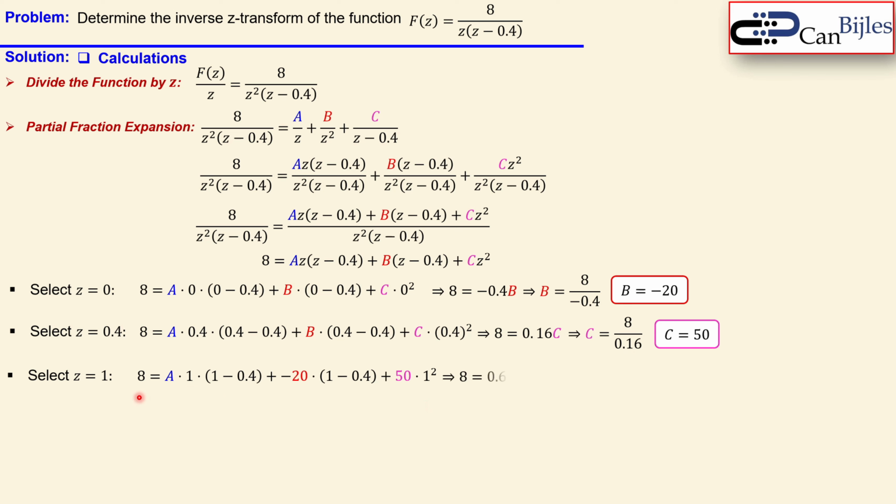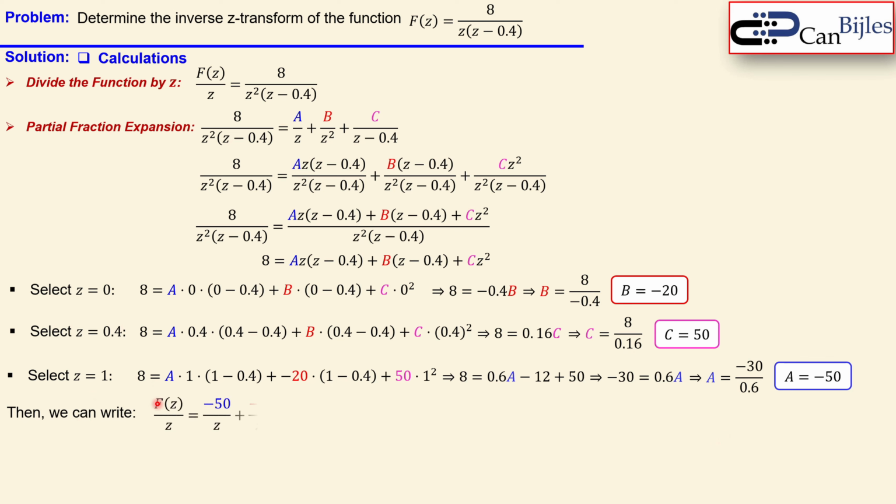Now we can calculate this because this will be then 8 is equal to a times 0.6, so that will be then 0.6a minus 12 in total here, and then plus 50. Now that will be then in total here 38. That will go to the left side, will be then minus 30. That means it will be then minus 30 over 0.6, and a will be then calculated as minus 50. So we have now our 3 unknowns.